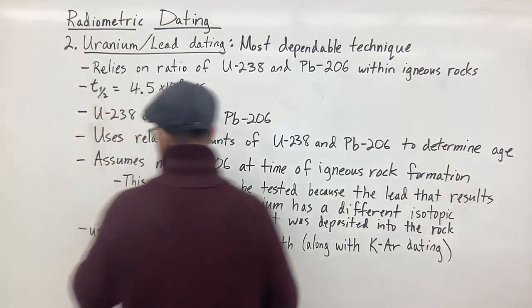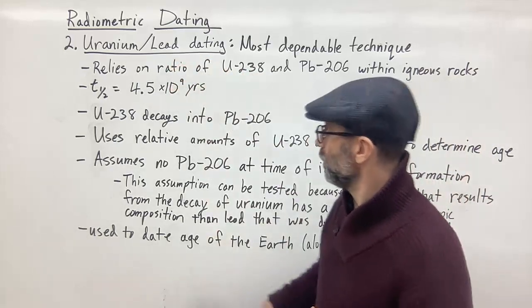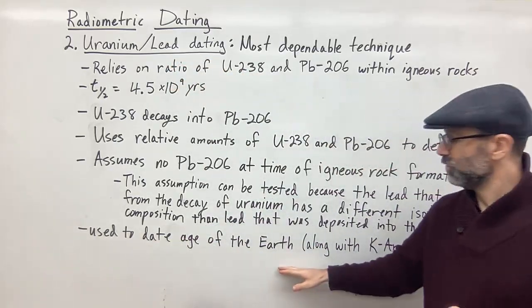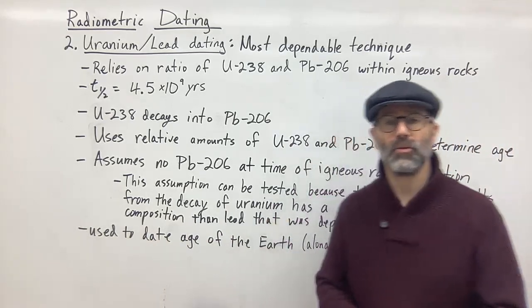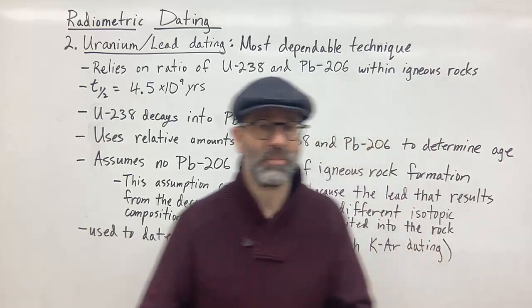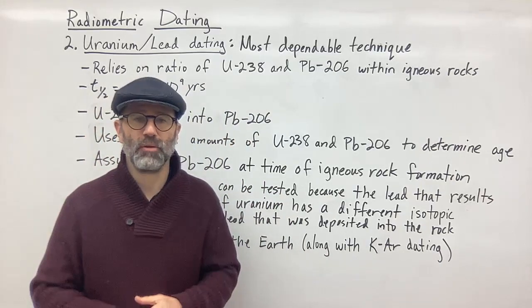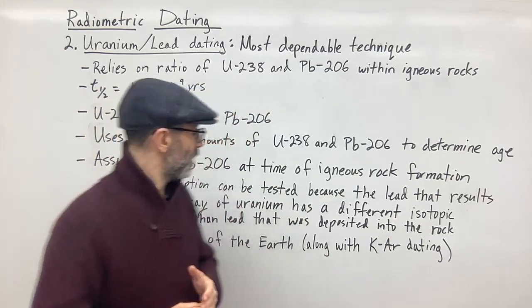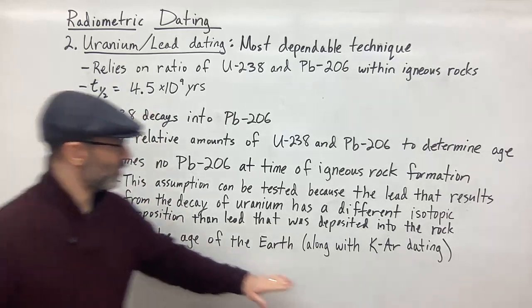And with this type of dating, uranium-lead dating, we can date the age of the Earth, because we can use it to date rocks all over the Earth. The rocks we have dated all over the Earth have given dates ranging up to about 4.5 or 3 billion years old. So we can use this dating to date the age of the Earth.